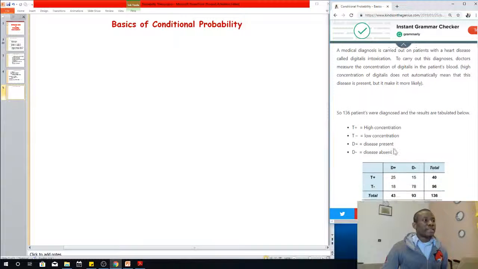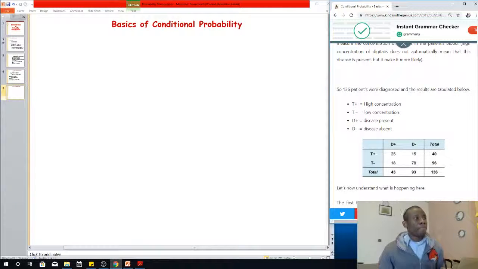So let's now look at the table here. 136 patients were diagnosed and tabulated below. Now let's use the notation that T plus means high concentration of this substance. T minus means low concentration. D plus means disease is present, and D minus means the disease is absent.